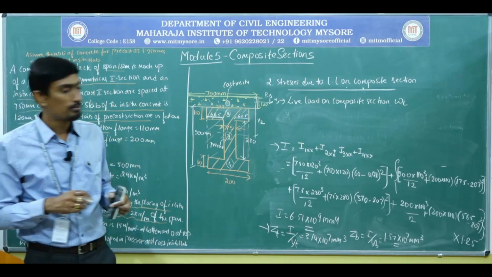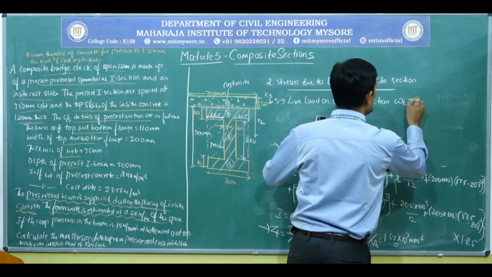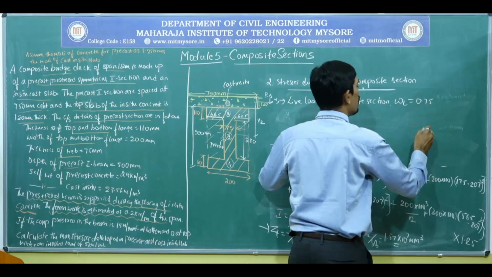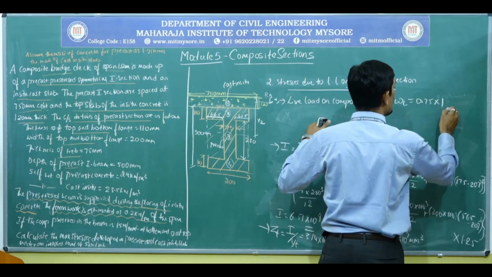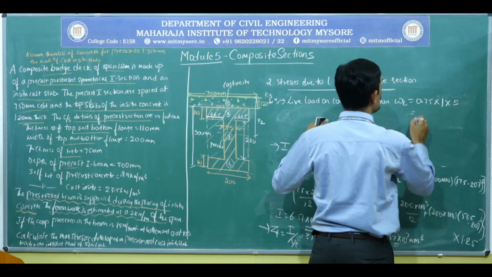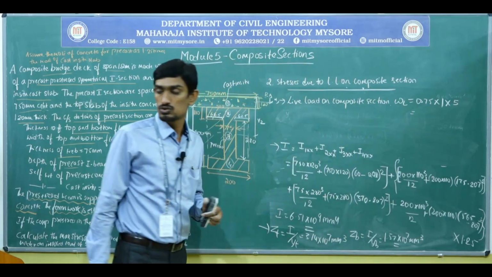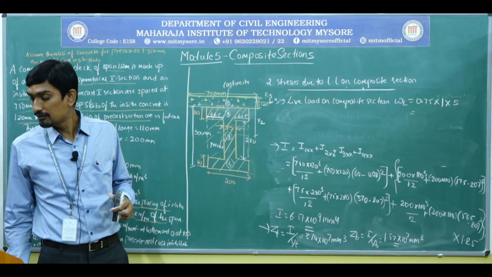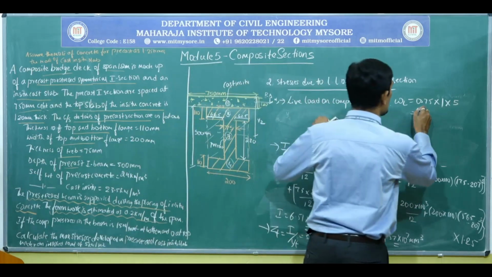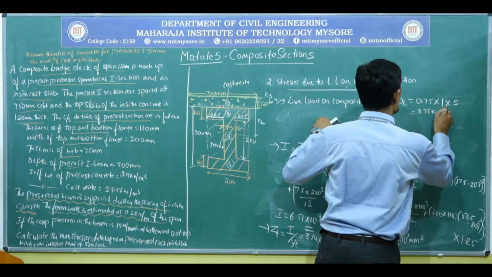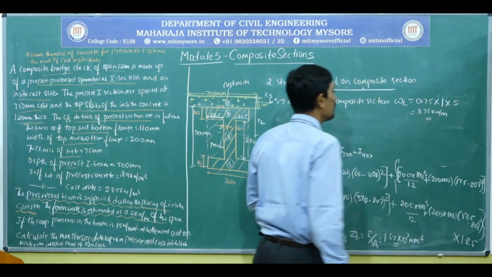So that is 0.75 width, per meter length, into 5 kilonewton per meter square, which will be 3.75 kilonewton per meter. So this will be your WL.